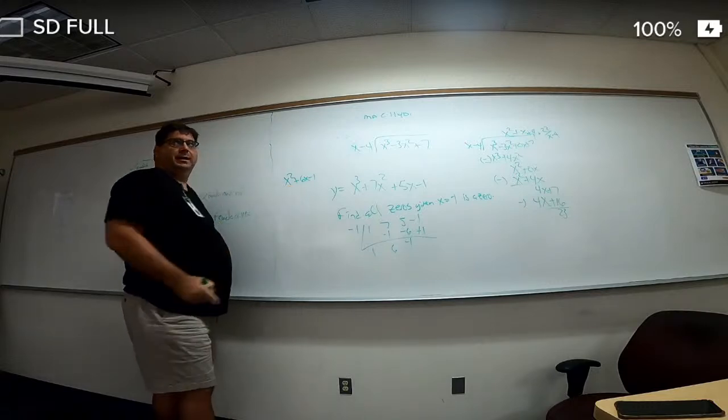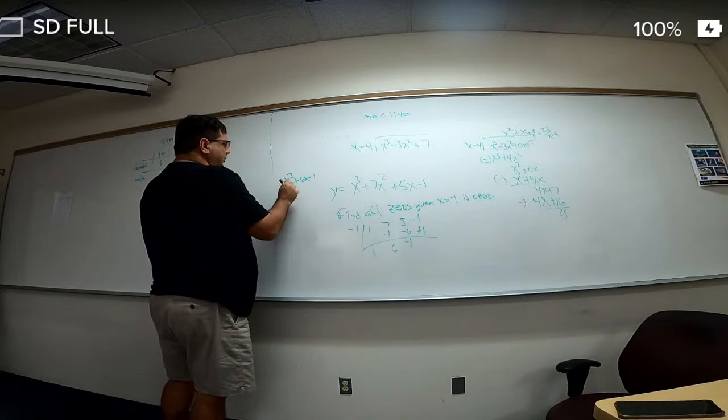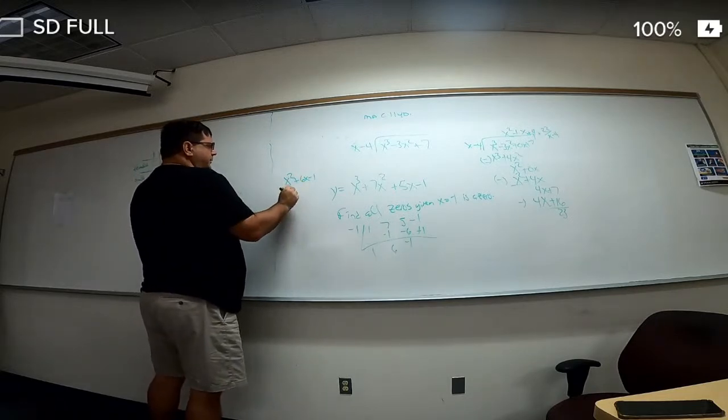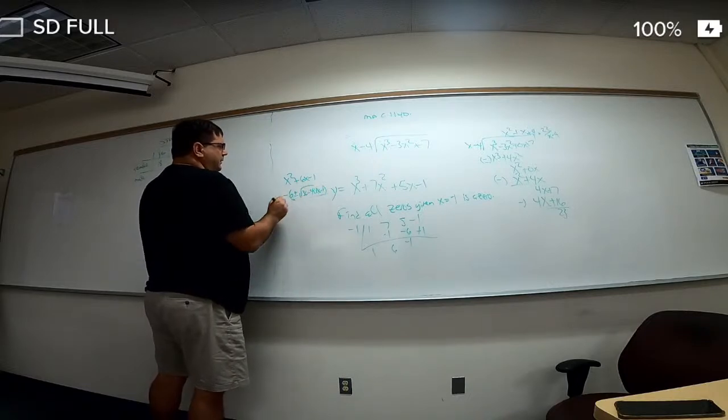Now that, I would either try to factor or use the quadratic formula. It's not going to factor clearly. So, negative 6 plus or minus the square root of 36 minus 4 times a times c, all over 2 times a.